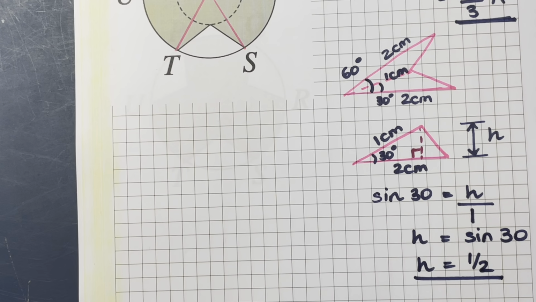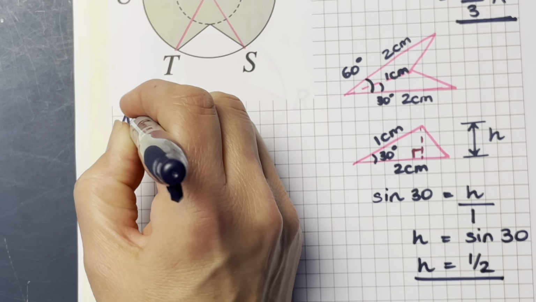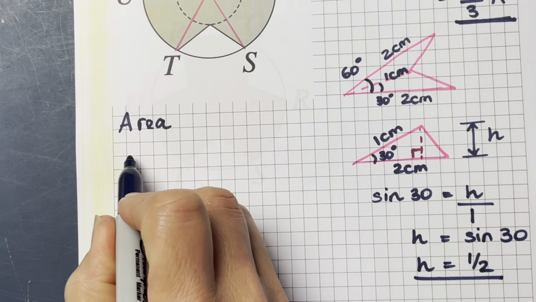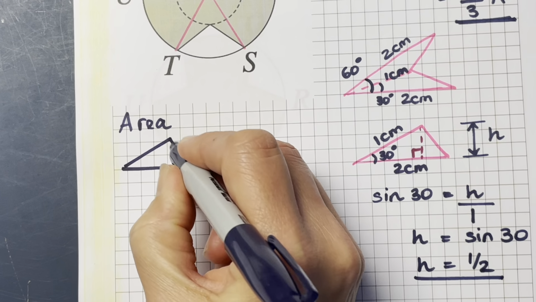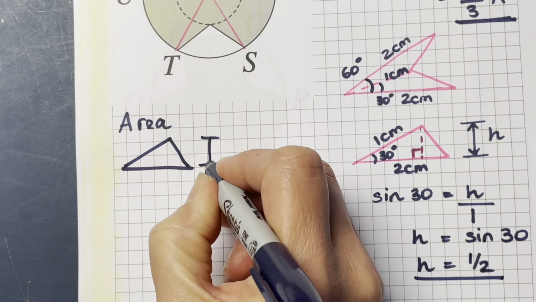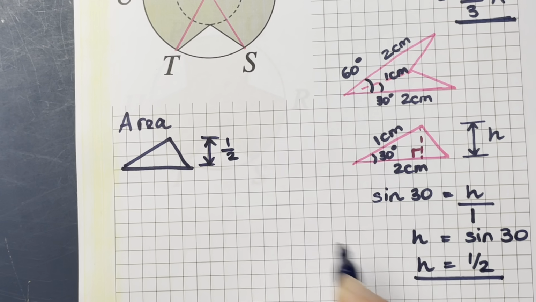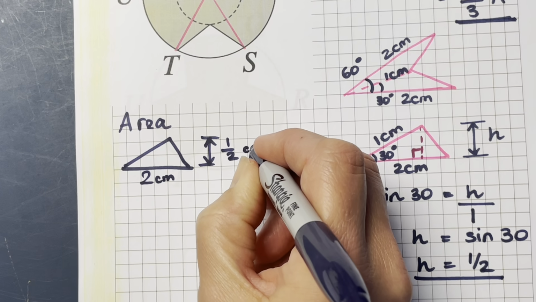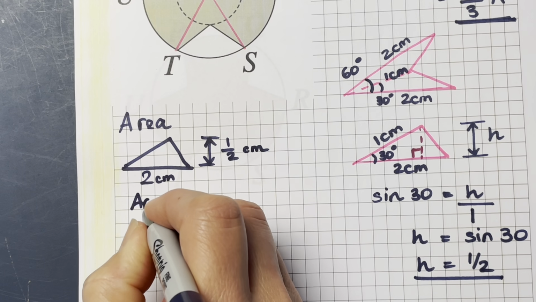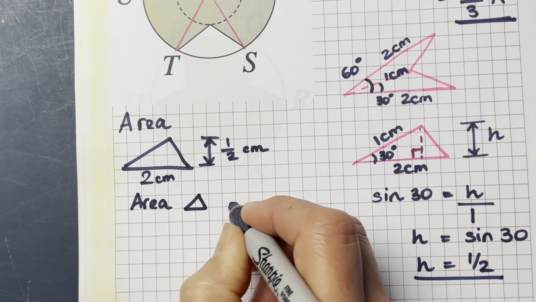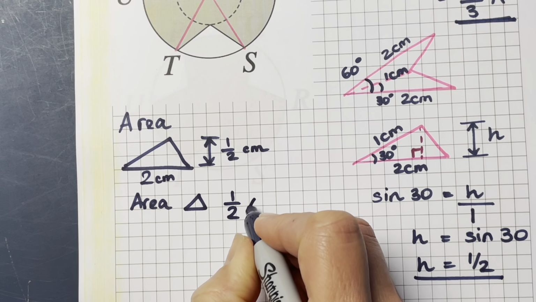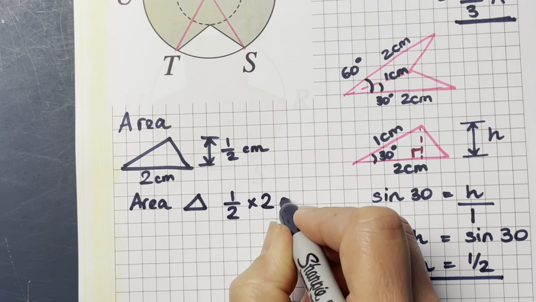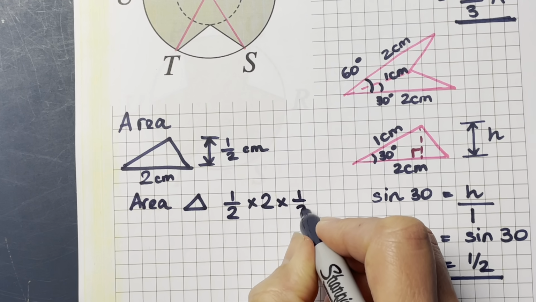So I'm just going to move across to this side. So the area of the triangle, with a perpendicular height of 1/2 and a base of 2, the area of my triangle is 1/2 times base of 2 times perpendicular height.